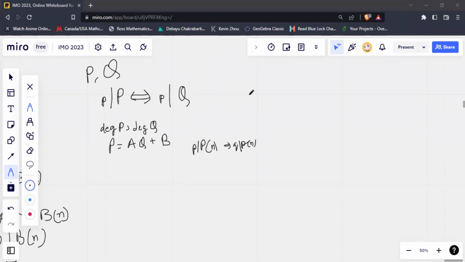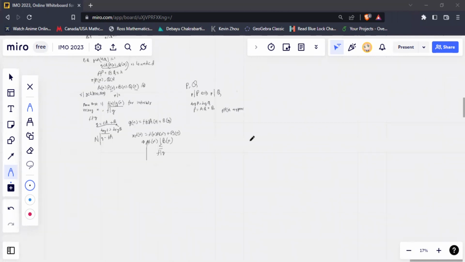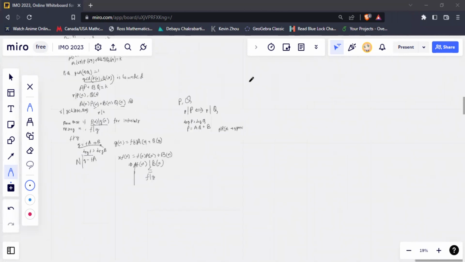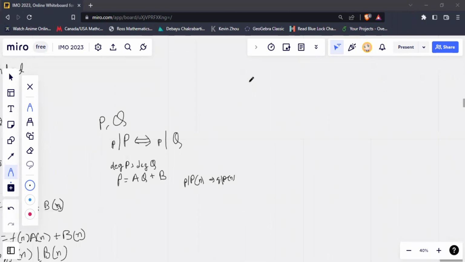Can you necessarily force it? Take a large prime p that divides P of x. You can find infinitely many x such that p divides P of x, right? That makes sense.